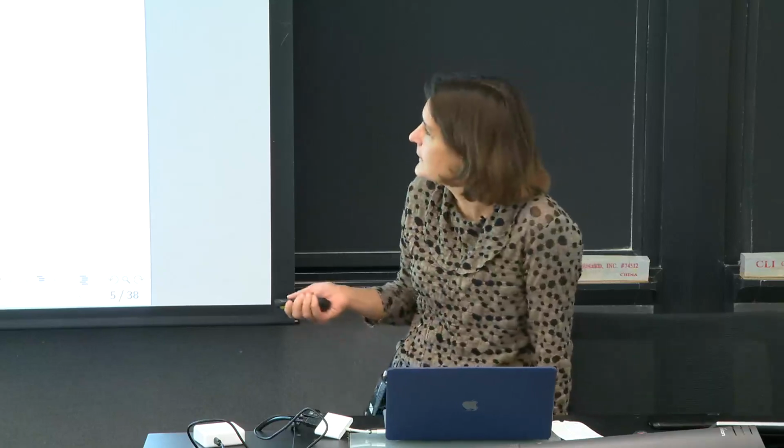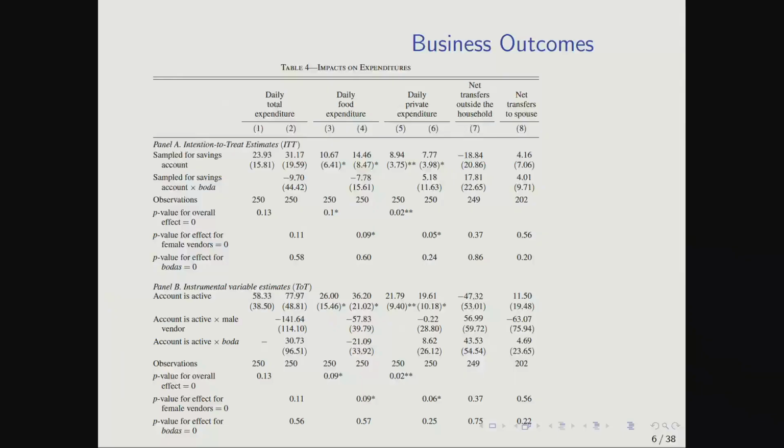Maybe because they don't need much of an investment, they just have their cycles. And then when you look at their expenditure, you find that they're able to invest a little more in their daily expenditure. So this comes back to this idea that saving allows them to invest in their business, which actually has a positive return.